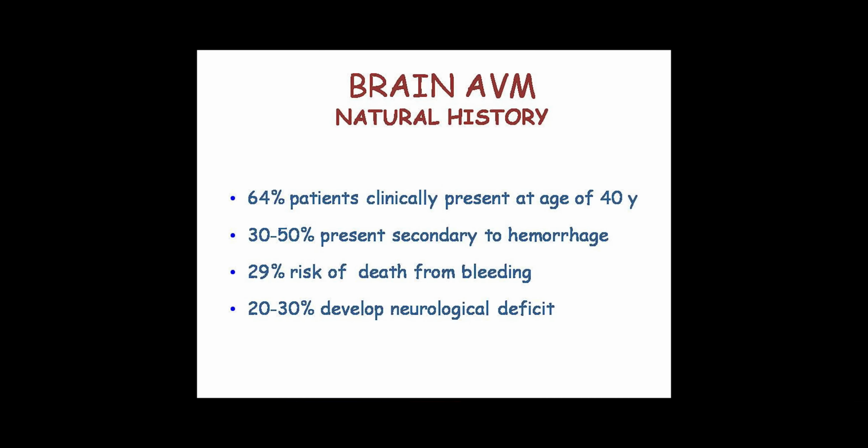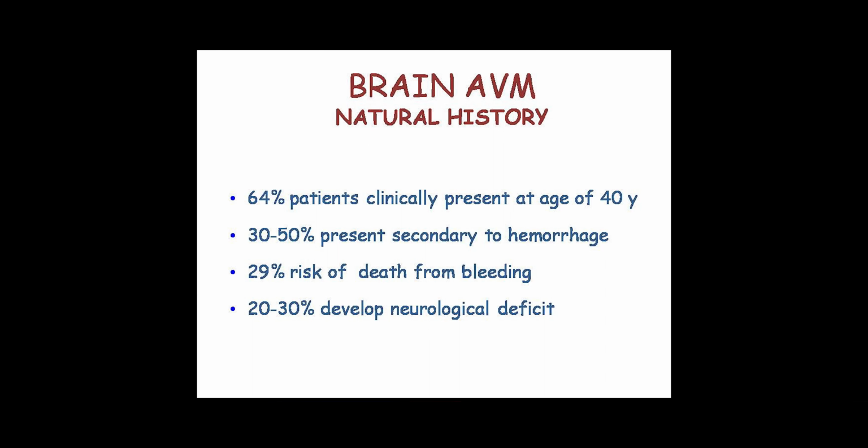Now, what is the natural history? Around 60 to 70% of patients clinically present by the age of 40. How do they present? They can have a seizure or they can present with hemorrhage. Around 50% present with hemorrhage, which is a very bad outcome.